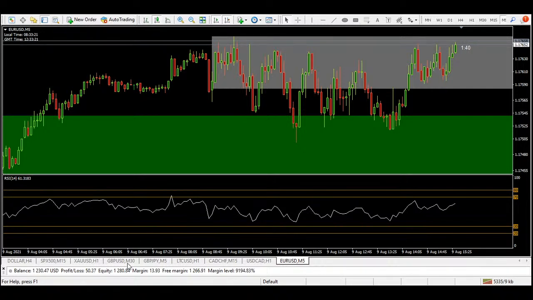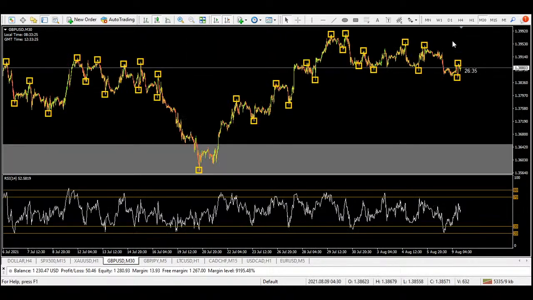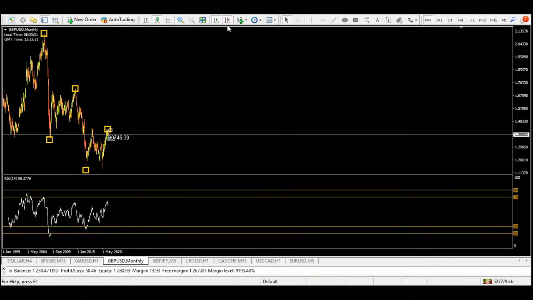Alright, Euro USD. Take a look at G. I think I already had G marked out, my institutional zones. Let's see. Downtrend. Still in a downtrend.